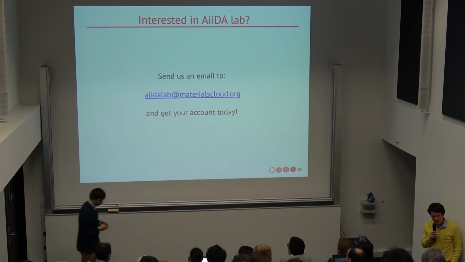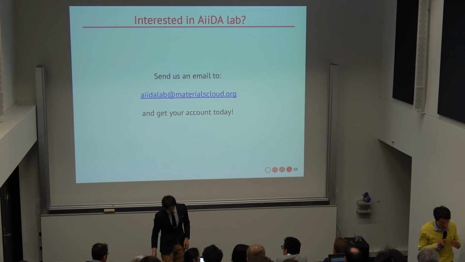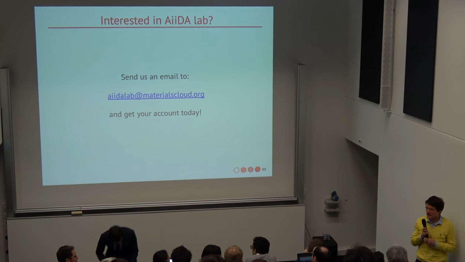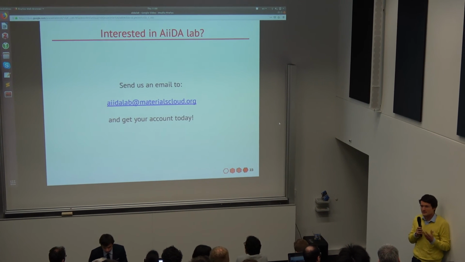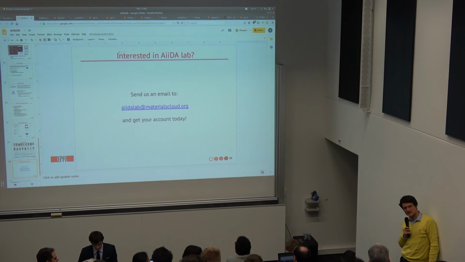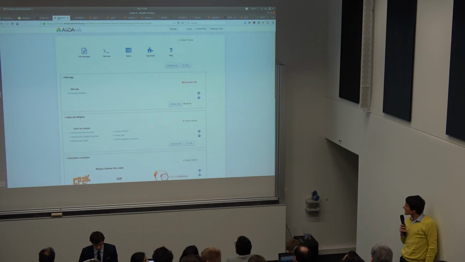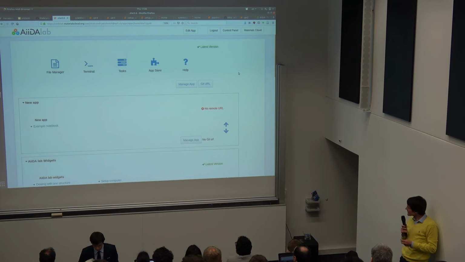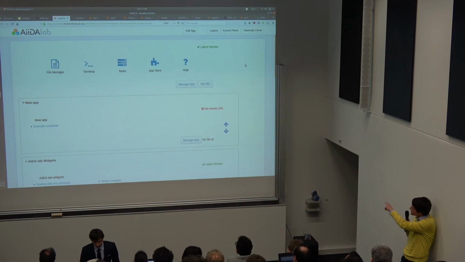Oh, sure. I think one of the most important decisions you have to make is how much effort it is to write such an app, right? All of these apps are Jupyter notebooks, plus one start file that defines what you see here, just a list of links.